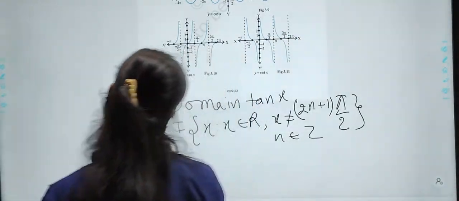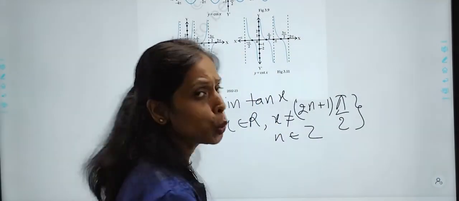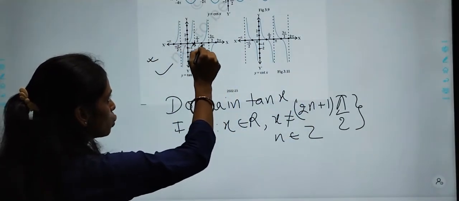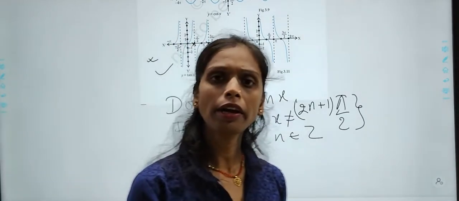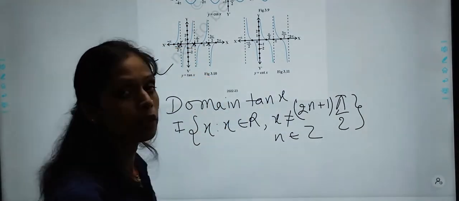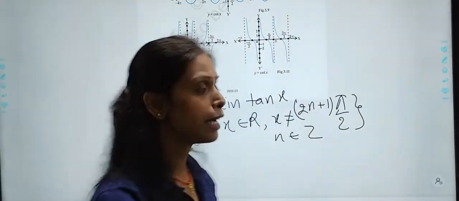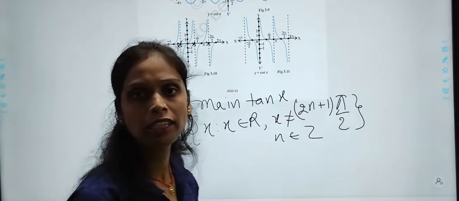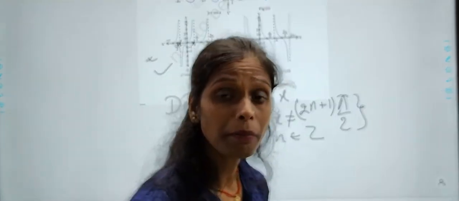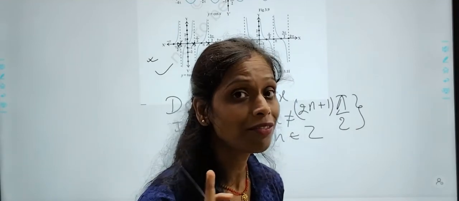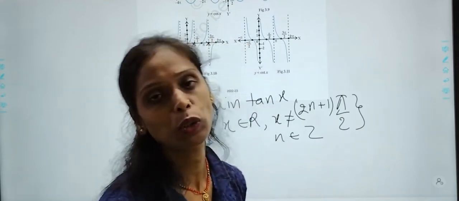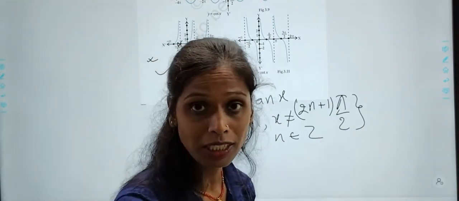You can see it is very clear from our graph that at every 2n plus 1 pi by 2, like pi by 2, 3 pi by 2, the graph does not appear here. What does it show? It shows that the domain is x belongs to R, but we will not find the graph at the points 2n plus 1 pi by 2, where n belongs to an integer.